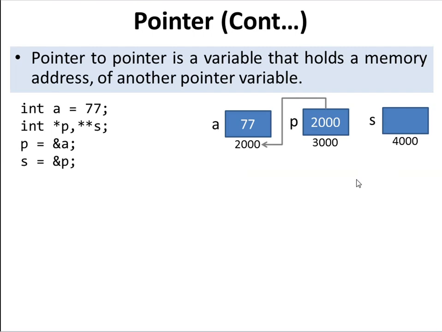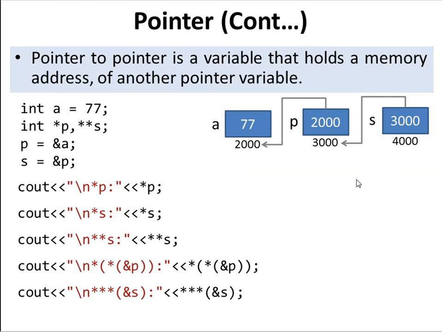When we say s equal to &p, we are assigning the address of the pointer variable p to the s pointer. 4000 is the address of s, and we assign the value of p, 3000, into s. This means s is pointing to p and p is pointing to a, at 2000.